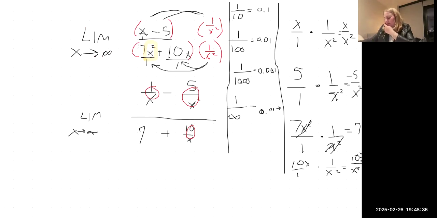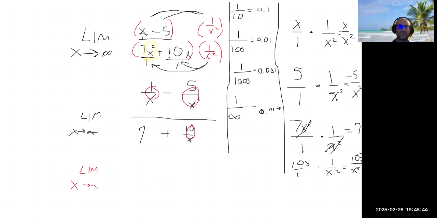Okay, but that 7. So we've got 0 on the top because it's 0 minus 0. And then on the bottom, we've got a 7 plus 0. So what is 7 plus 0?